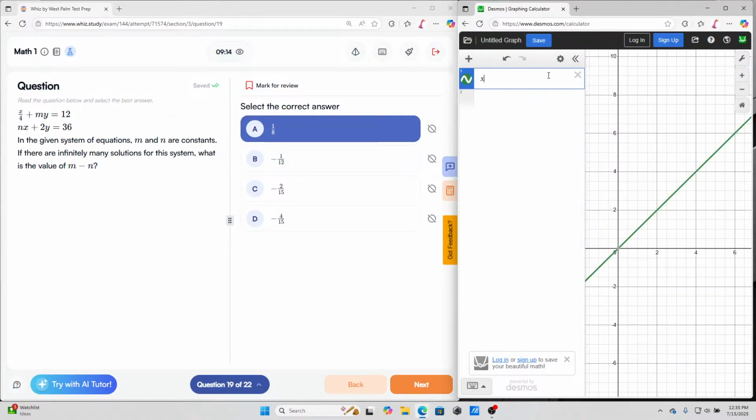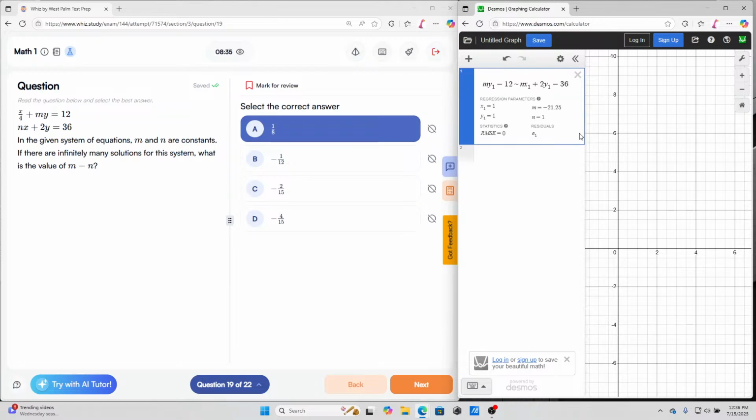Okay, wait. Yeah, make them both equal 0. So minus 12 is that 2x1 plus 2y1 minus 36.